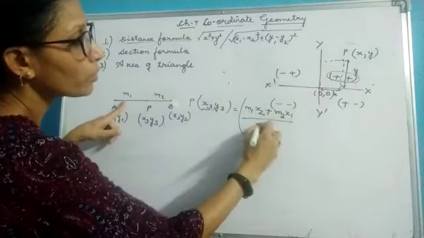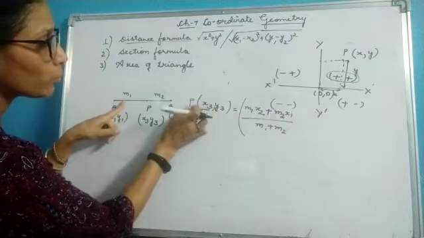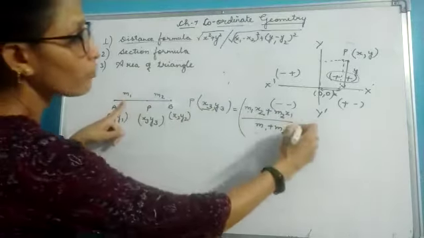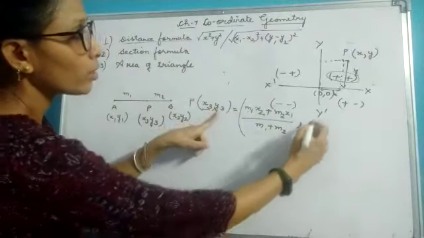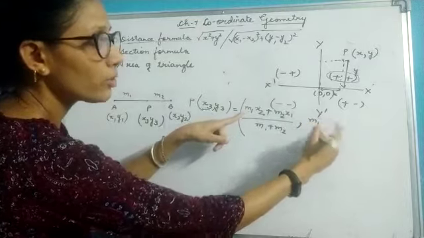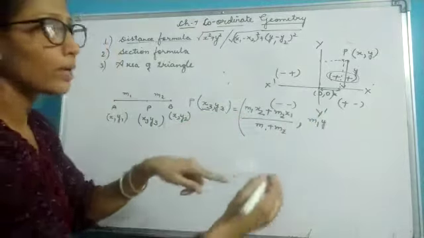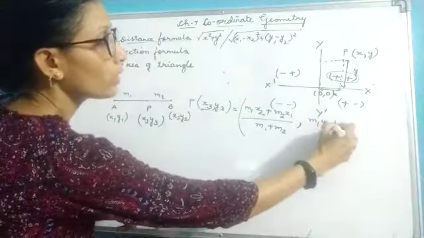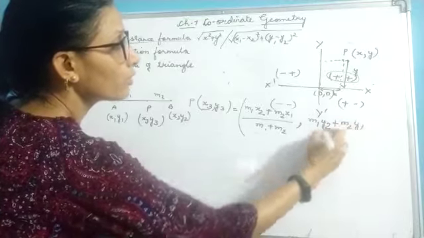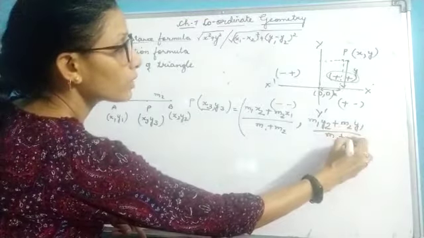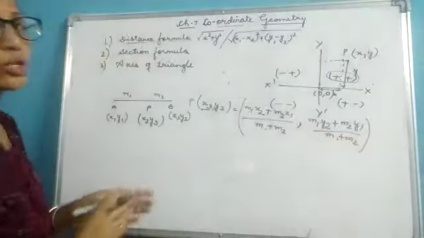So this is your x coordinate which the point P will have. For y3, you will write down M1 you have taken, so you will not take y1, you will be taking y2, plus M2 y1 whole upon M1 plus M2. So this is your section formula.